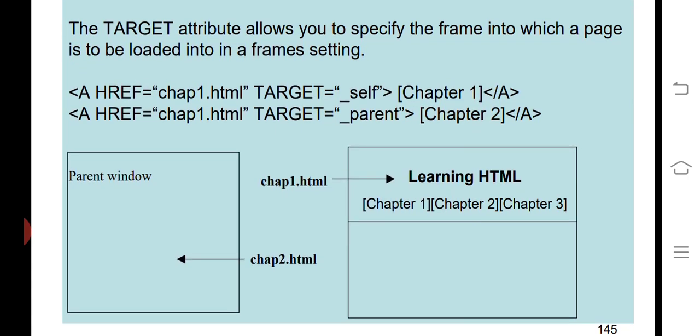Here the first one is chapter1.html. Here the parent window. So this one is chapter 1, 2, 3. Here chapter2.html is the left hand frame, and the right hand frame is chapter1.html. Some file they refer to, no, something is a mistake.